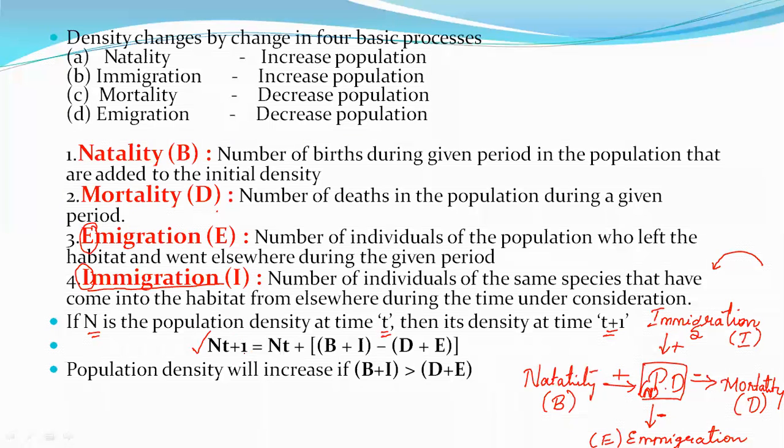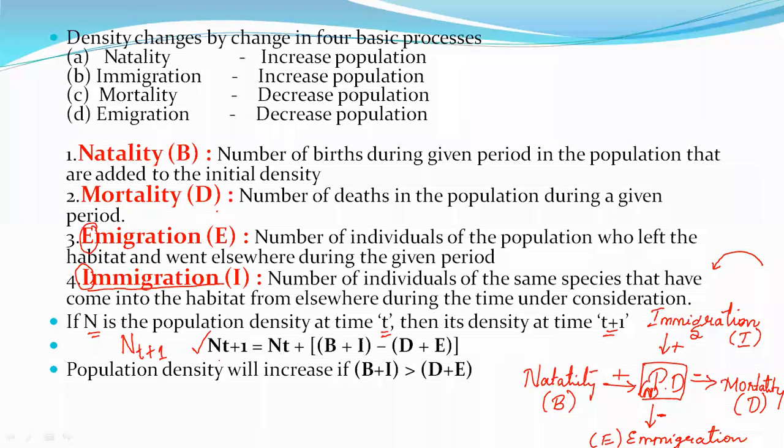If you are going to calculate it for the next year also, you have to find it like this, N(T+1), where the density at time is taken as T plus 1, and N(T) is the initial population or the population of the previous year.